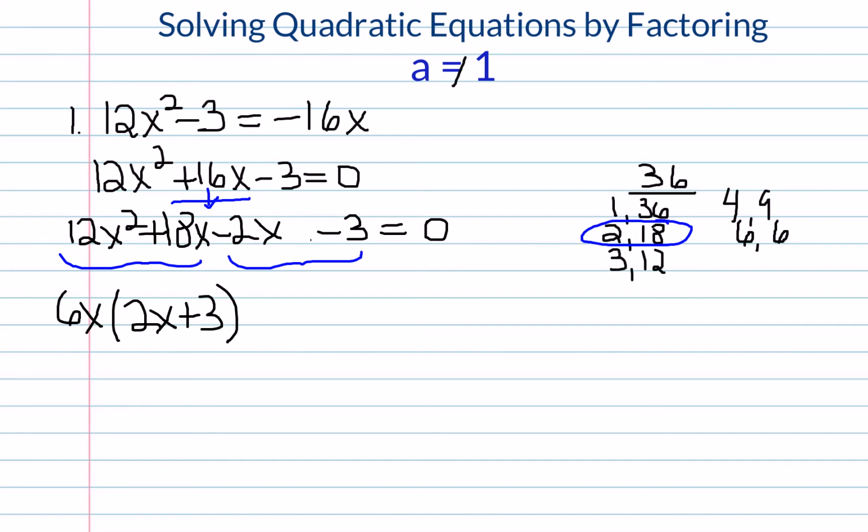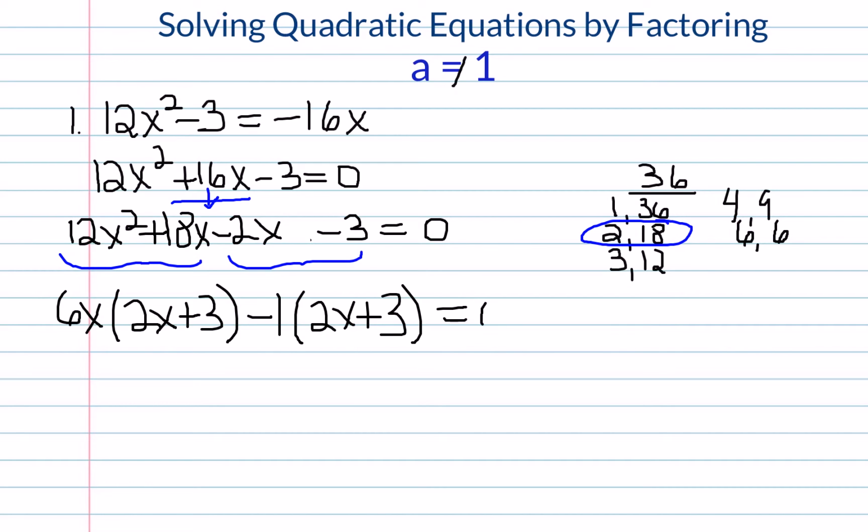This binomial is what I need to end up with when I take a GCF out of the second term. So from here, it almost looks like 2x plus 3, but there's a negative in front of both. So I take out a negative 1, divide both terms by negative 1, and that's going to leave me with what I need, positive 2x plus 3.